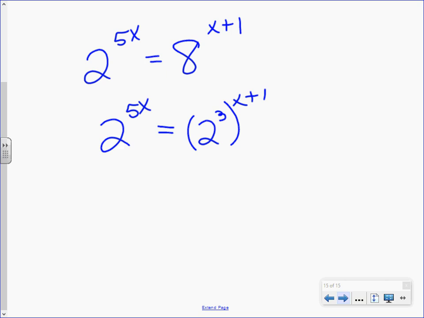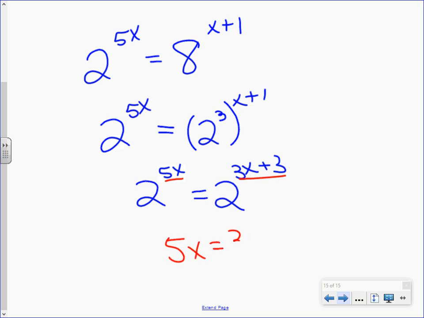Do you agree? So now we have 2 to a power equals 2 to a power, which means what should be true? Your powers better be equal. And now you have a nice linear equation to solve.